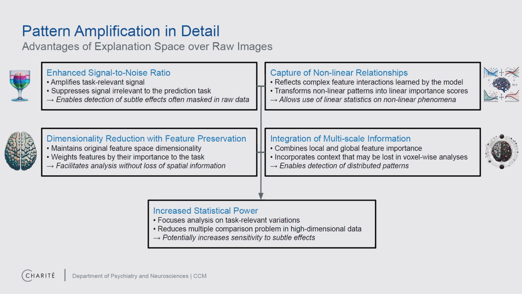So in the end, what we would hope is that the transformation into explanation space increases our statistical power by kind of focusing analysis on task-relevant variation in the data and reducing multiple comparison problems in high-dimensional data by kind of inducing sparsity and downweighting, suppressing, masking, ideally, the features which are not relevant.